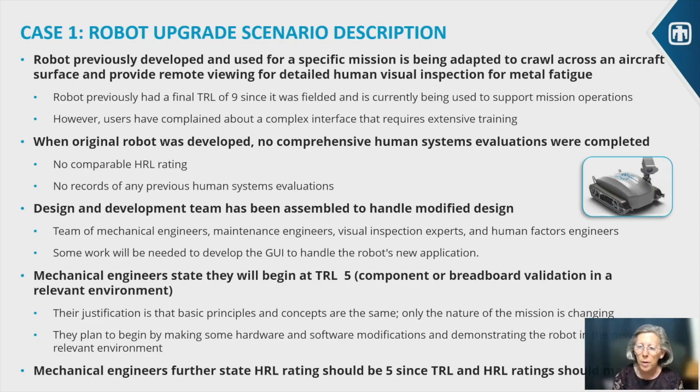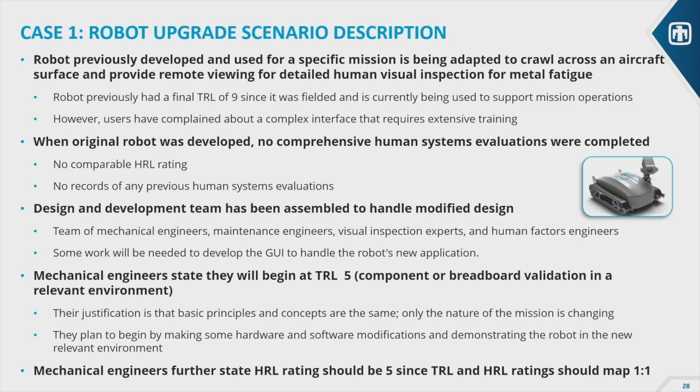So they plan to begin by making some hardware and software modifications and demonstrating the robot in the new relevant environment. The mechanical engineers further state the HRL rating should also be 5, since the TRL and HRL ratings are supposed to map 1-to-1.